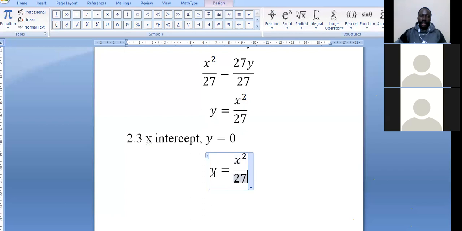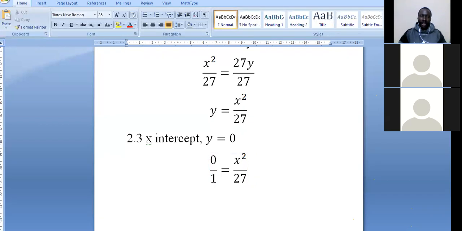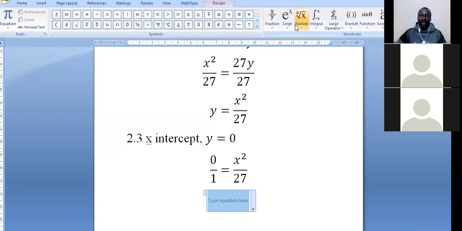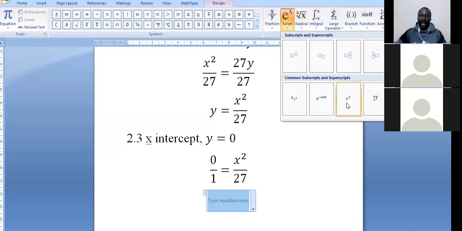So what I said is, if we put 0 here, the next step is for us to cross multiply. Now, cross multiplying here means we have to multiply 1 by x squared. And when we multiply 1 by x squared, what we get is x squared. Okay, that's what we get.